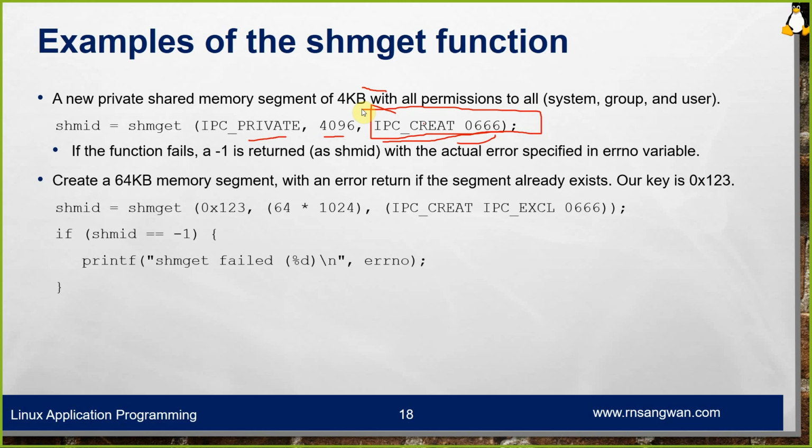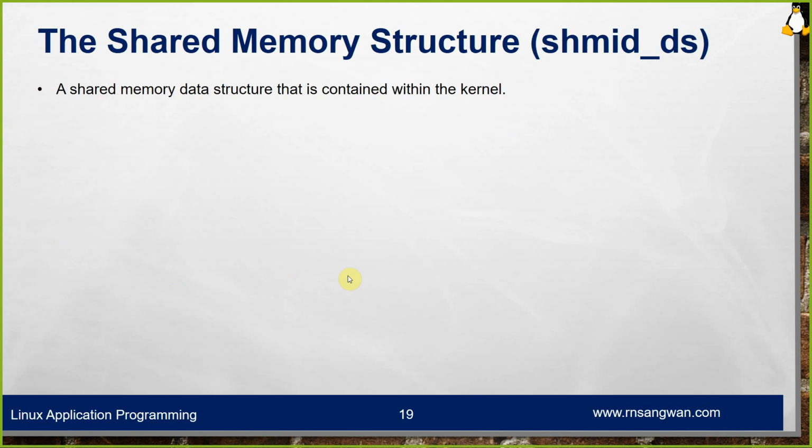Now since we are using IPC_EXCL, if it fails, we can specify an extra option, or conditional logic also: if shmid equal to -1, segment failed. The shared memory structure, the shmid_ds, which I referred to initially, because we use the components of the shared memory structure to put the data, to read the data, how many attachments there have been and what is the size of it.